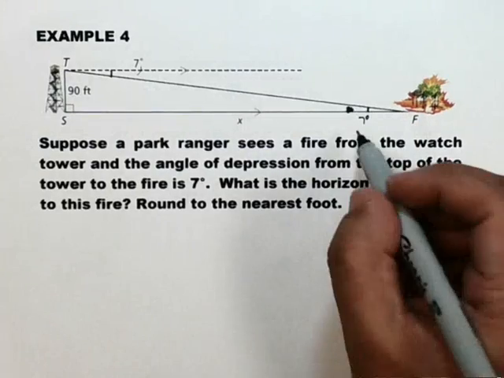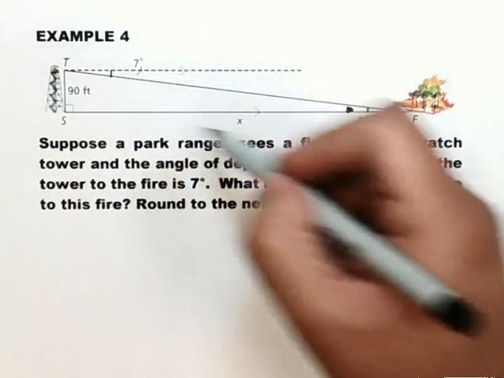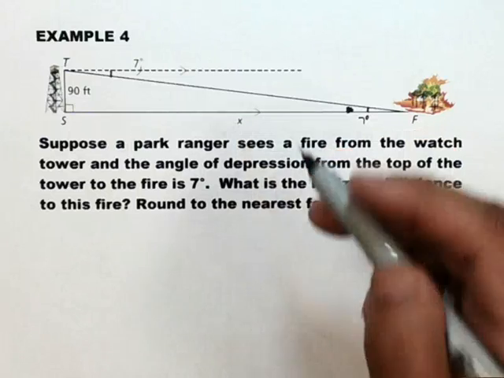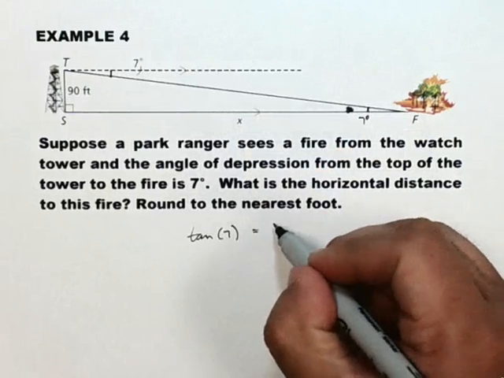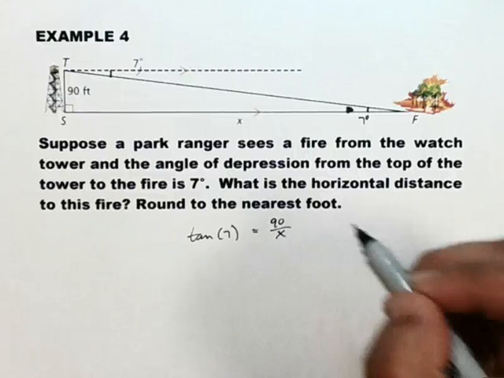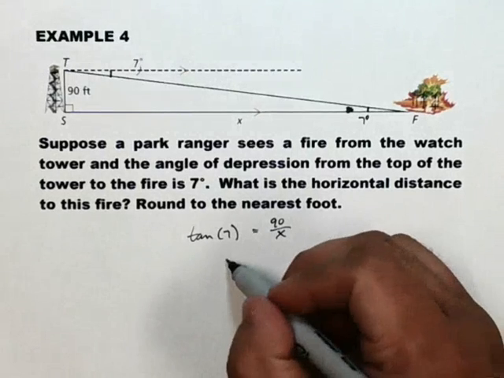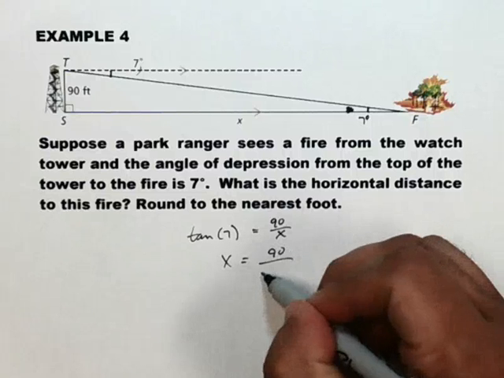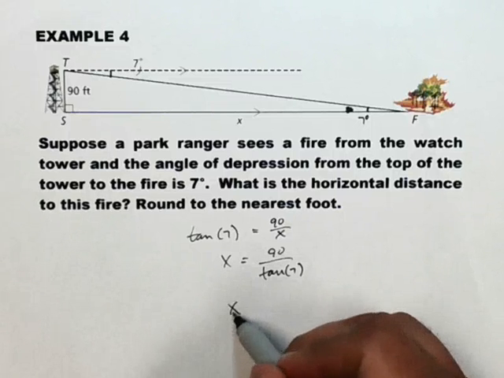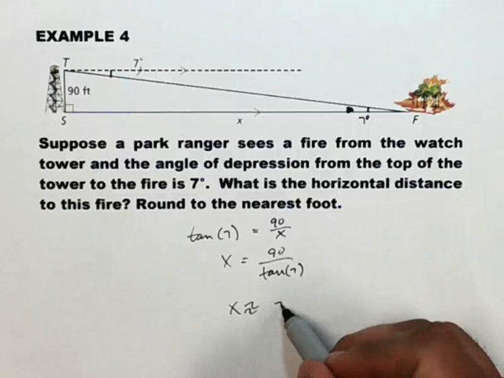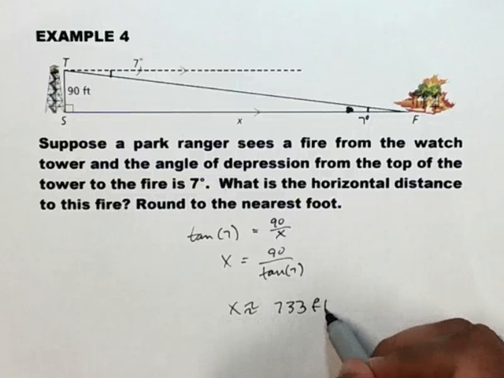So, again, that's going to be opposite over adjacent, so that's tangent. The tangent of 7 is equal to 90 over x, which means x is going to be equal to 90 over the tangent of 7. And that means x is going to be about 733 feet.